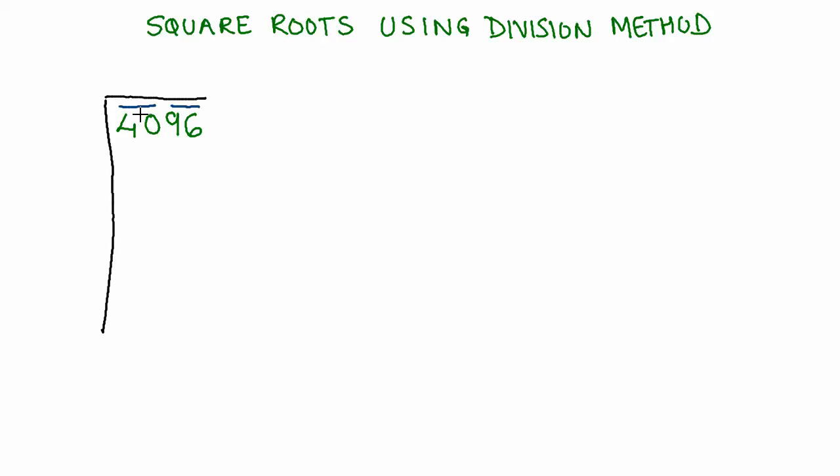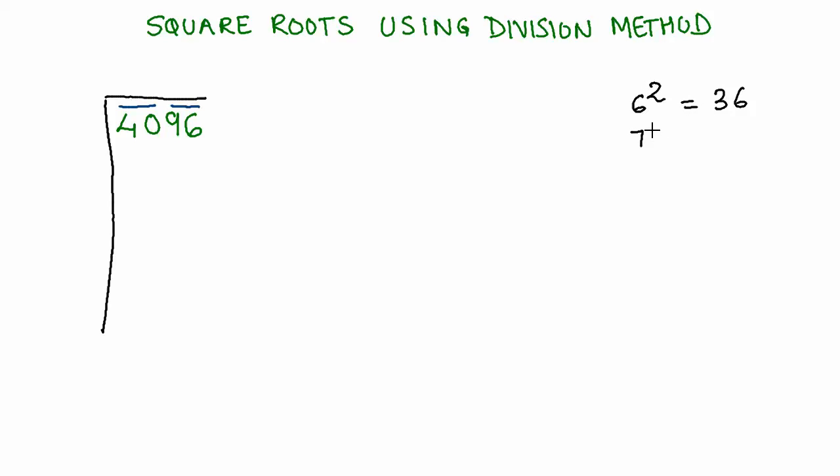Now we have to find a number whose square is either equal to or less than 40. It is very useful for this method that you remember the squares of 1 to 10 in your head, and you should not have to calculate them when you are working this out. So in this case, I can straight away say that 6 squared is 36.